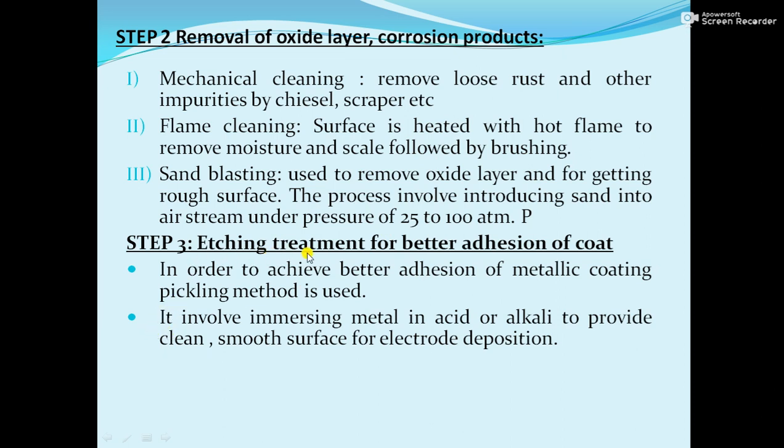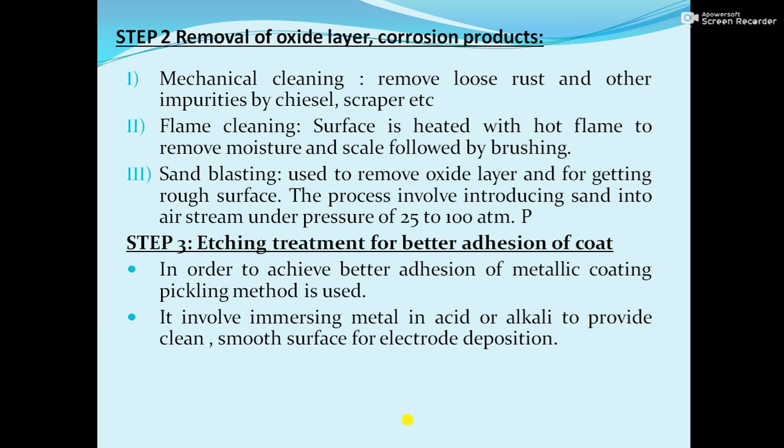Now step three is the chemical treatment for better adhesion of the coat. In order to achieve better adhesion of metallic coating, the pickling method is used. Pickling involves the immersion of the metal in acid or alkaline solution to provide a clean, smooth surface.